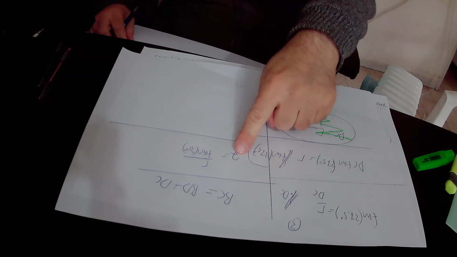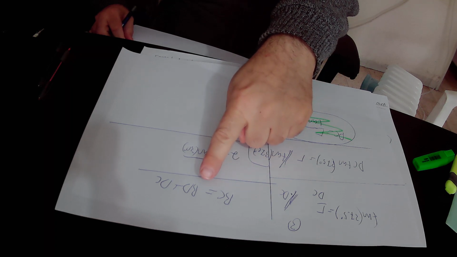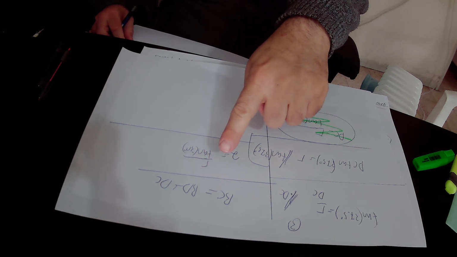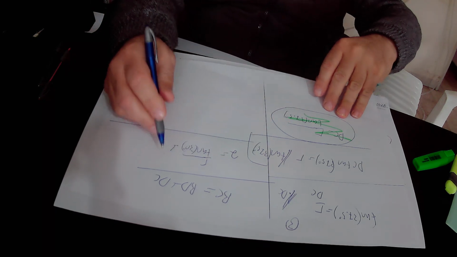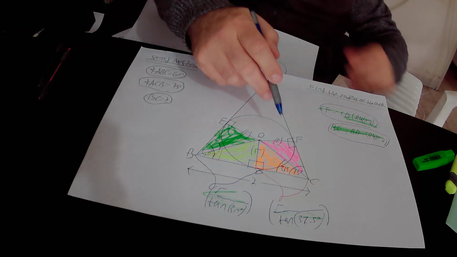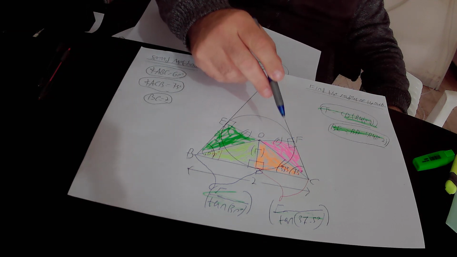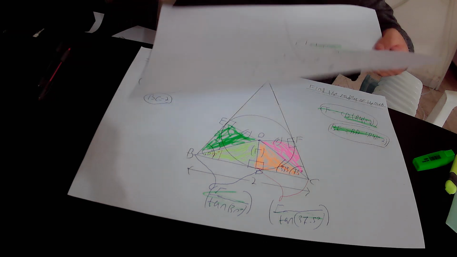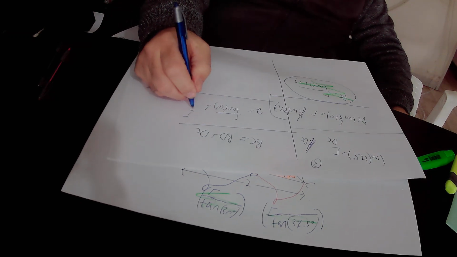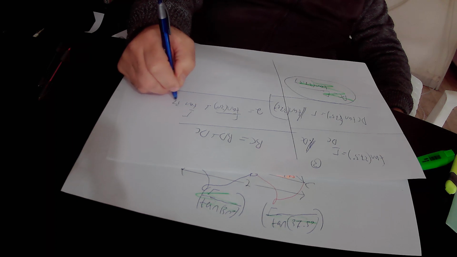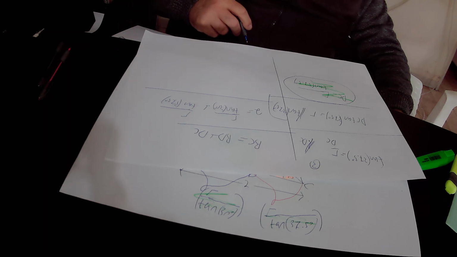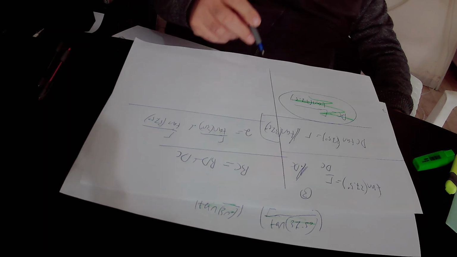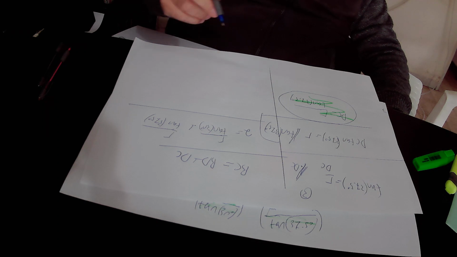DC is R over tangent 37.5 degrees, so we substitute DC by R over tangent 37.5 degrees. So we found that 2 equals R over tangent 30 degrees plus R over tangent 37.5 degrees.